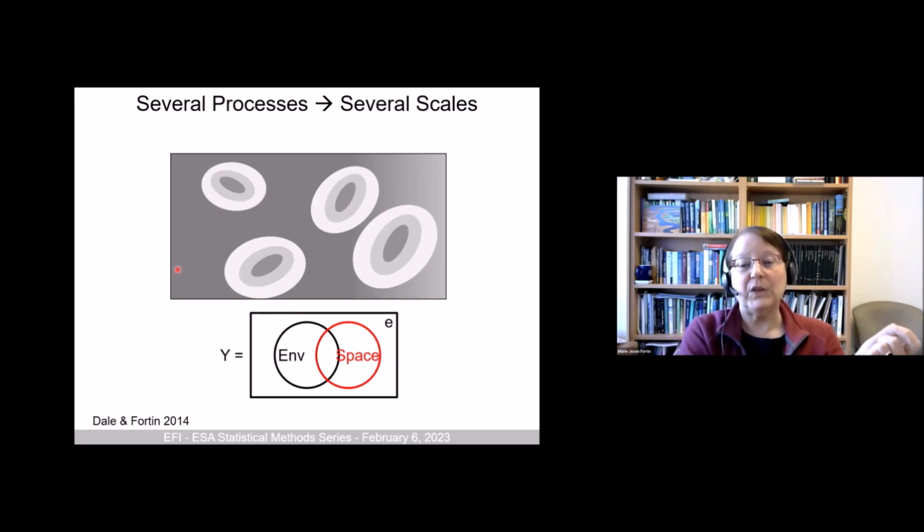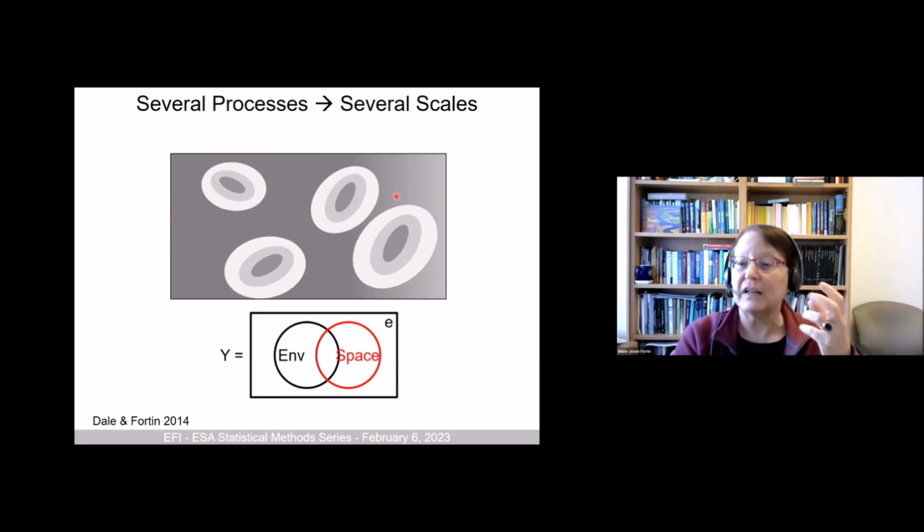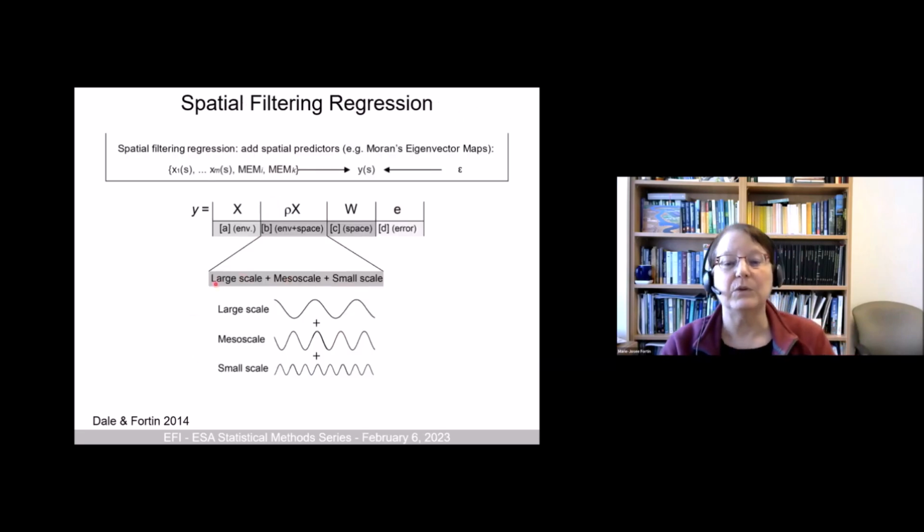When I was showing you the trend surface analysis previously, it was good for the large scale, but it would not account for those other scales of the processes. A trend surface analysis would be good for one scale, but would not be able to capture all those other processes.